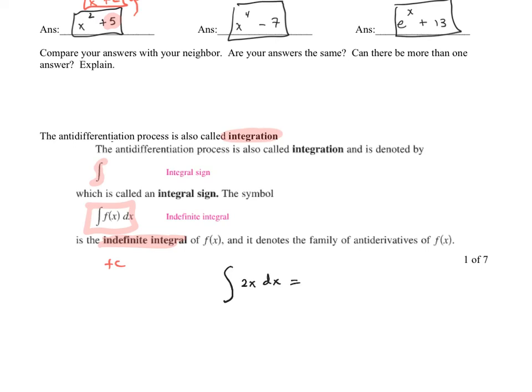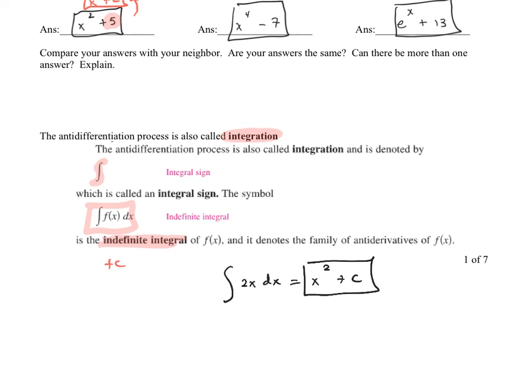That's how you say it in mathematics. What this means, though, is what function do you take the derivative of and get 2x? We determined that the answer is x squared, but even further, it's x squared plus any arbitrary constant. So the antiderivative, or indefinite integral, of 2x dx is x squared plus c.